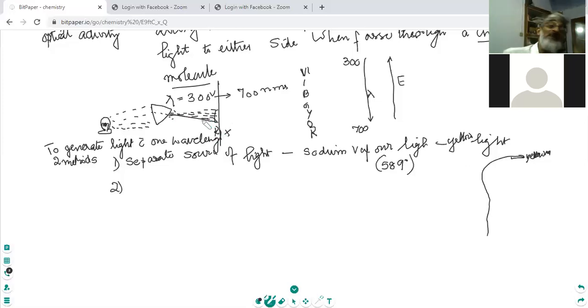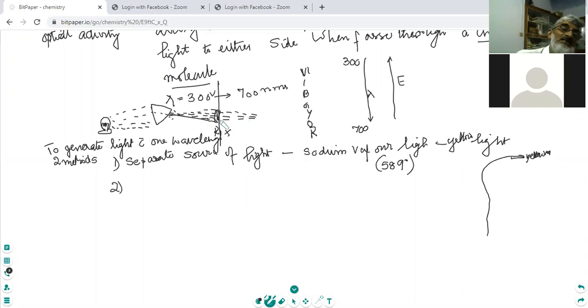Light with all possible wavelengths will be here, but you make a small slit, an opening, so only one type of light with only this wavelength range will come out.